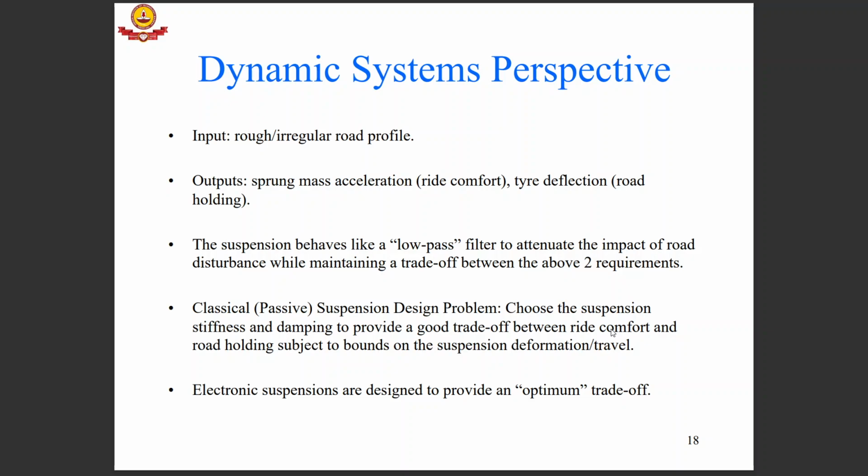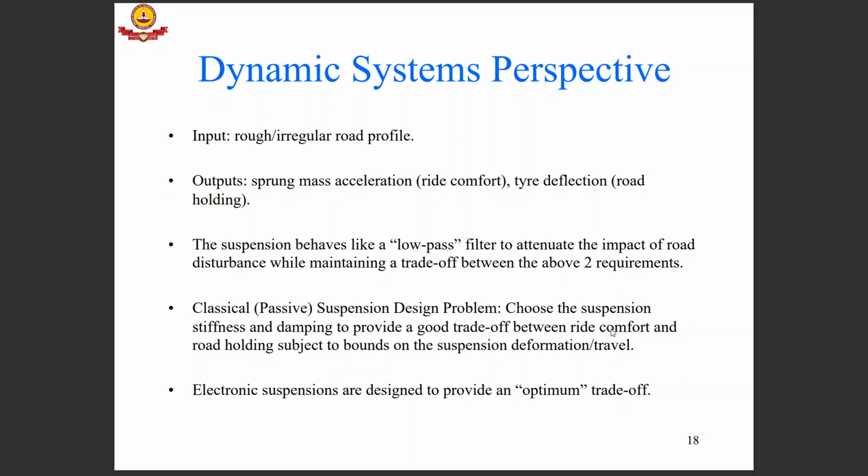So we can feel something like a speed bump, as the low frequency signal is allowed to pass, but we may not feel gravel because it is a high frequency signal. So essentially the suspension behaves like a low pass filter.